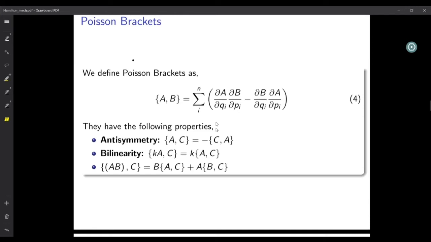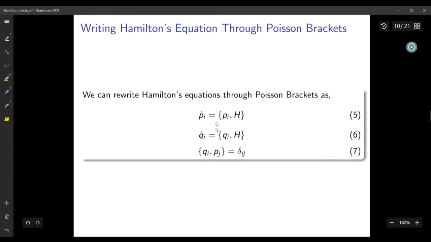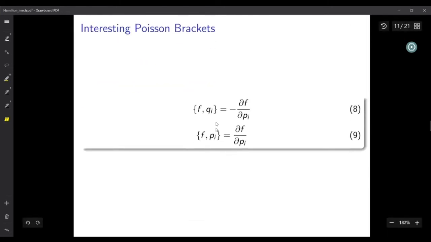If you have a scalar k in there, you can take it out of the Poisson bracket and express it as k times the Poisson bracket a comma c. They also have this commutative property, so that you can do it this way. If you go down, this can be left as a proof for you, but we can rewrite the entire Hamilton's equation through Poisson brackets as pi dot equals the Poisson bracket of pi comma H, right?